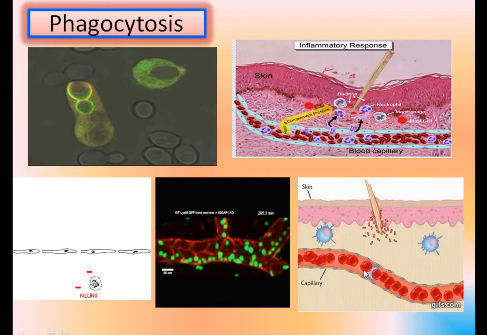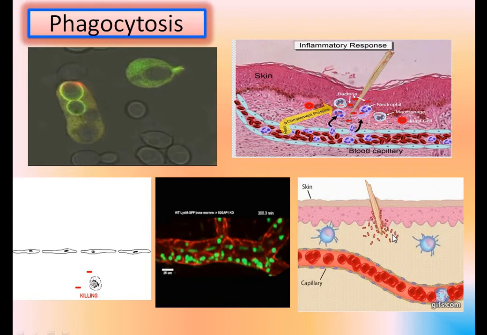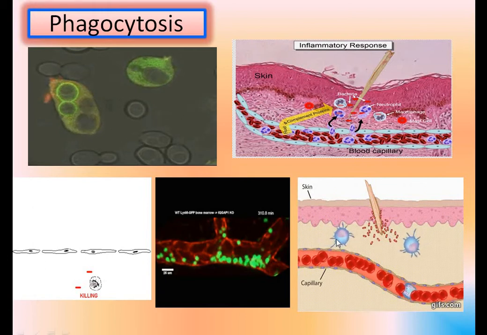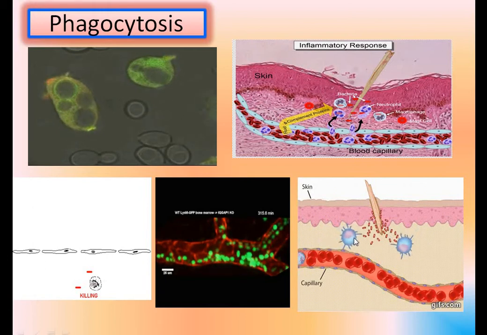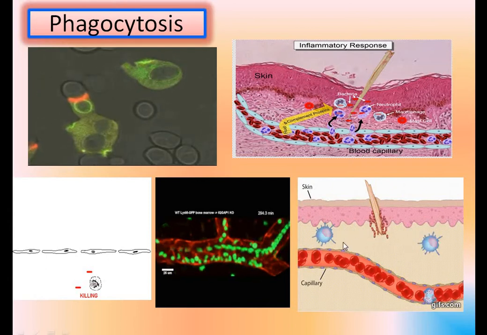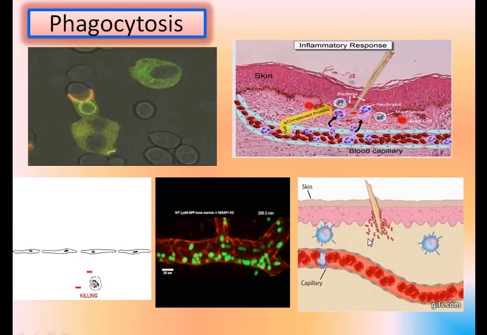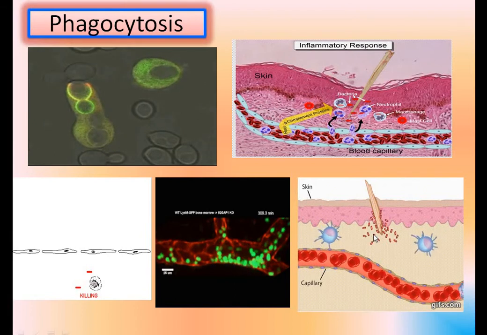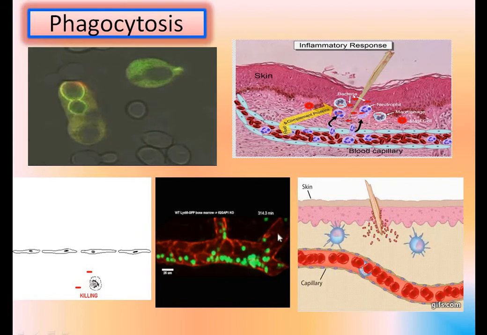Here the bacteria or pathogens are engulfed by these white blood cells. They can engulf the pathogens or destroy the pathogens.